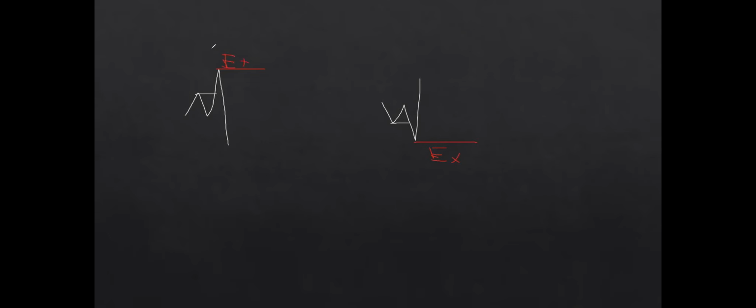We covered internal liquidity, which is what's inside the range, while it's forming. And then we covered inducement, which would be a failure swing, then it gets taken. That's an inducement.